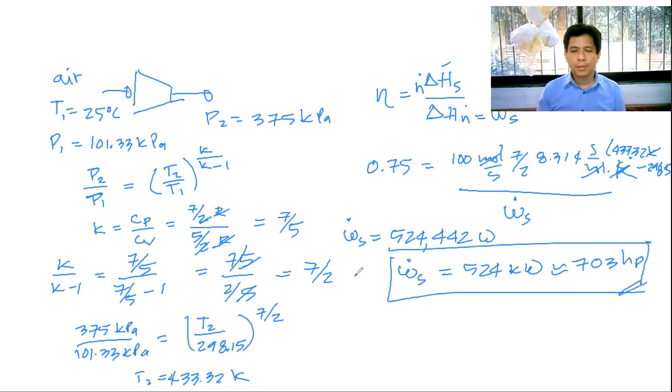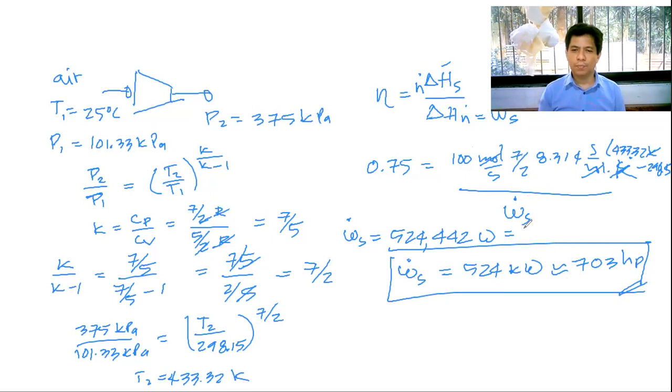Now, what about the final temperature? So yung final temperature naman, equate natin dito sa 524,442 yung Cp tsaka itong 100 mole per second, sans the efficiency na 0.75.